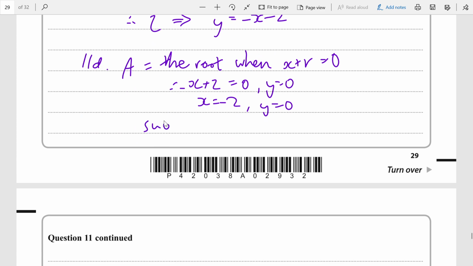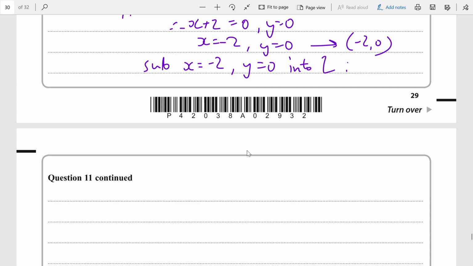So if we sub x is negative 2 and y is equal to 0 into L, we will be demonstrating that 0 is equal to negative 2 minus 2, which is equal to plus 2 minus 2.